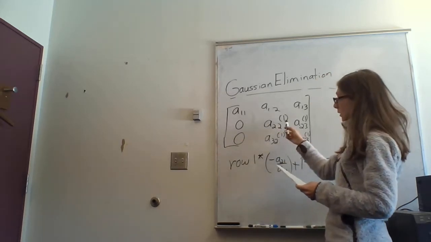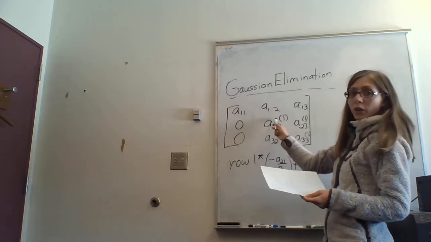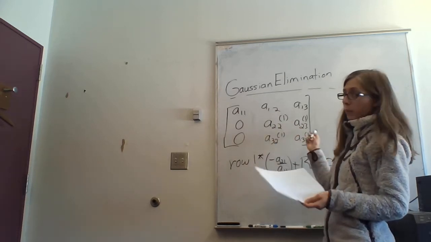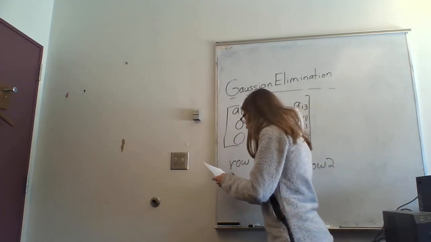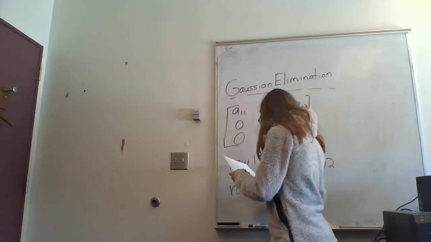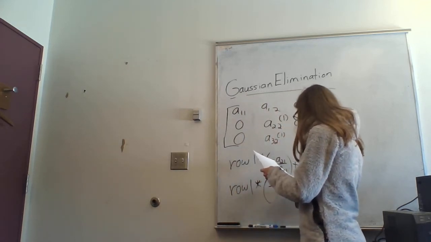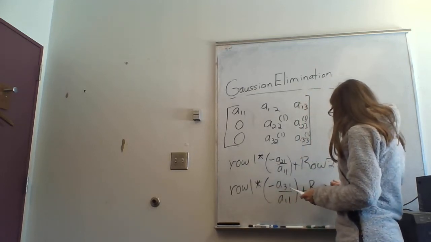Because we multiplied a row and added it to the one that was originally here, we have different entries here and here now than we had previously. And then we did a similar thing for row 3, where we did row 1 times negative A31 over A11 plus row 3.